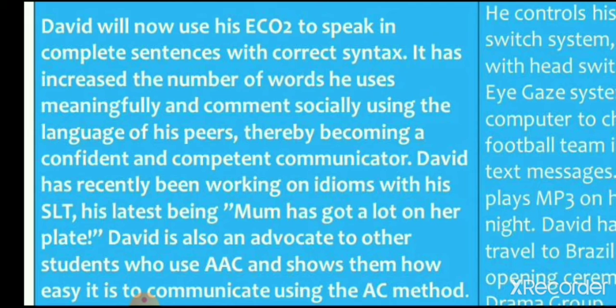They are words or phrases that aren't meant to be taken literally. For example, if you say someone has cold feet, it doesn't mean their toes are actually cold. It means they are nervous about something.